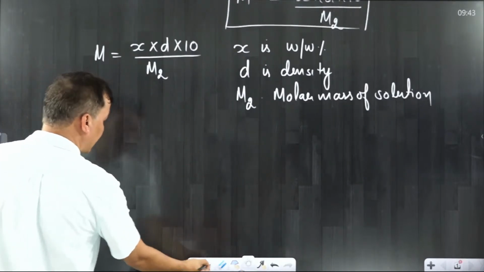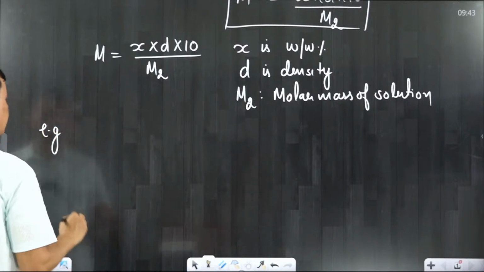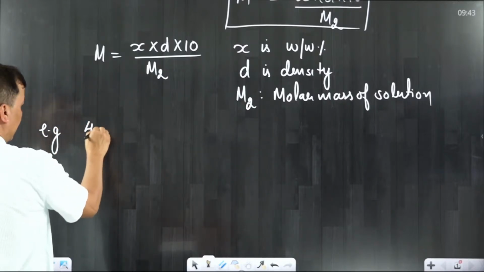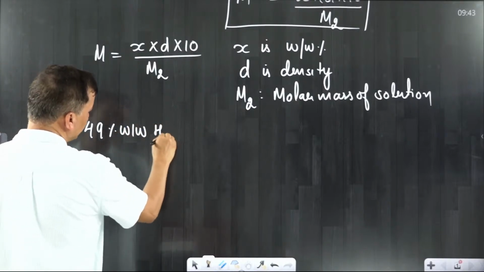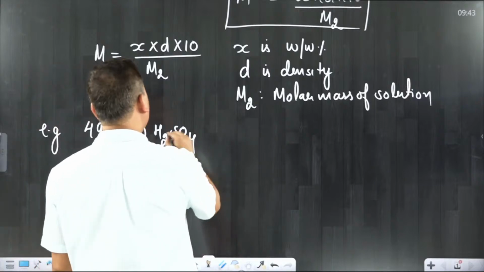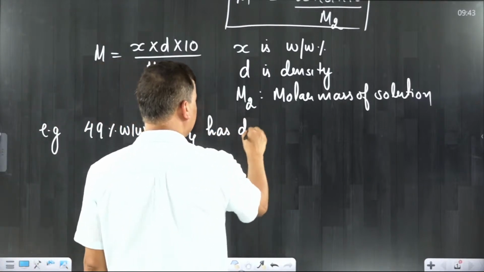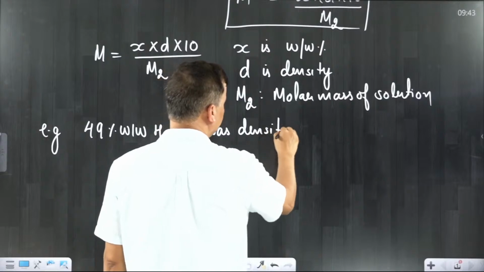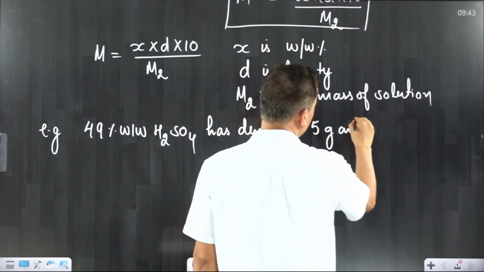So, for example, I am quoting one simple example. After that, we will explain about that. For example, if we have a 49% weight by weight H2SO4, now you will solve. That is weight by weight sulfuric acid has density 1.5 gram per centimeter cube.